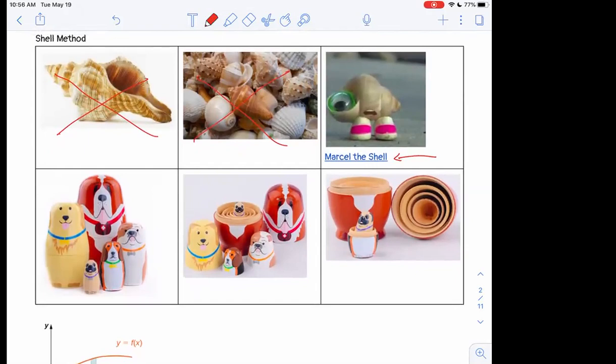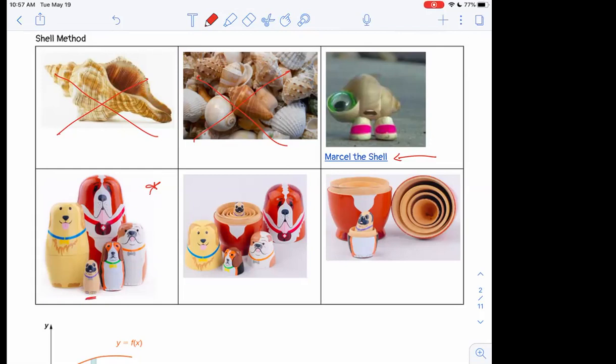But we're not thinking about shells in a seashell situation. We're actually thinking about it more like Russian nesting dolls. If you don't know what those are, it's like this picture right here with all the dogs. There's the little pug dog and it's the smallest one. And then there's 5 dogs, but they're all different sizes, and each one fits inside of another one.